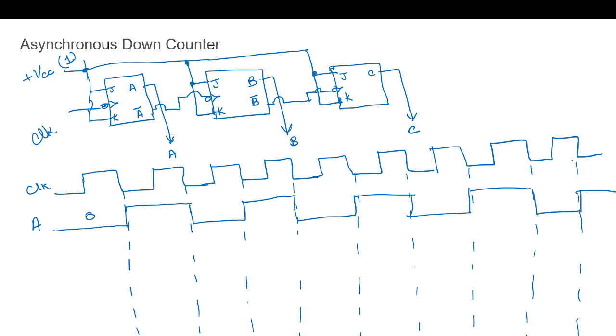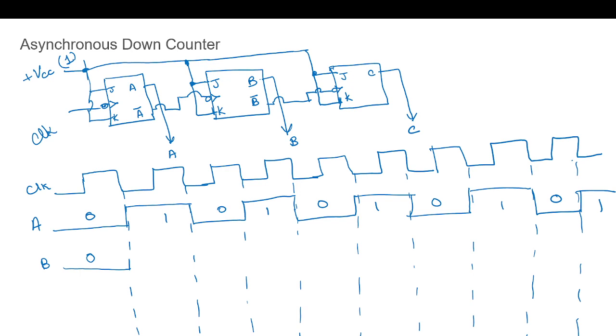You will get alternative zeros and ones. So next we will plot for B. Let the B initially be 0.